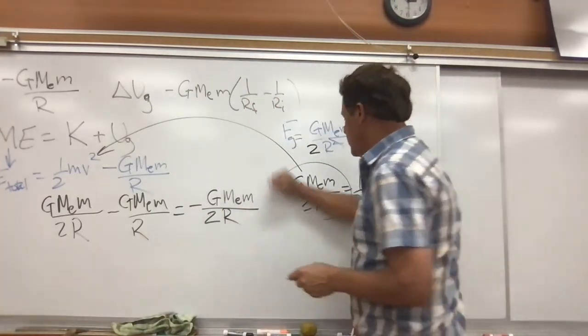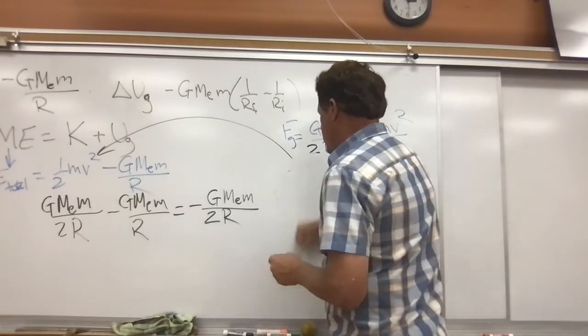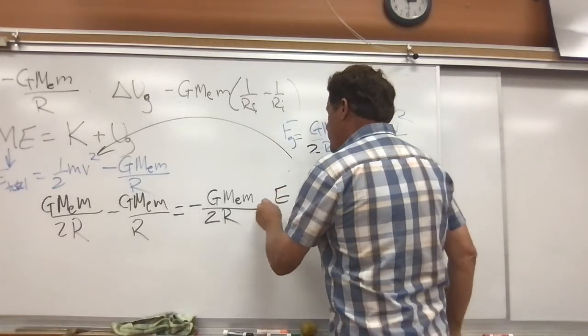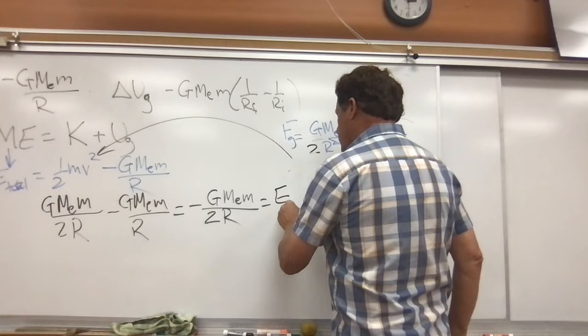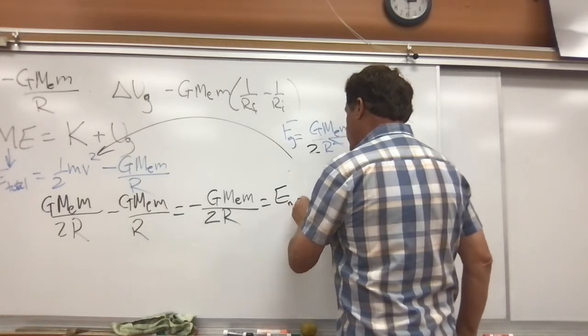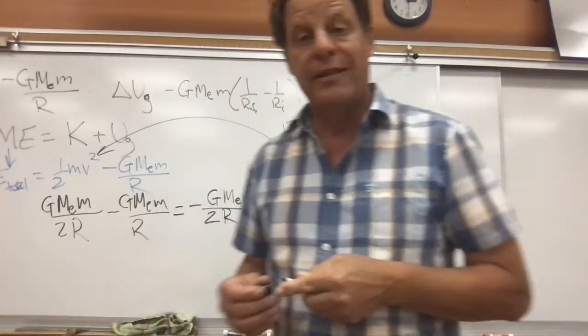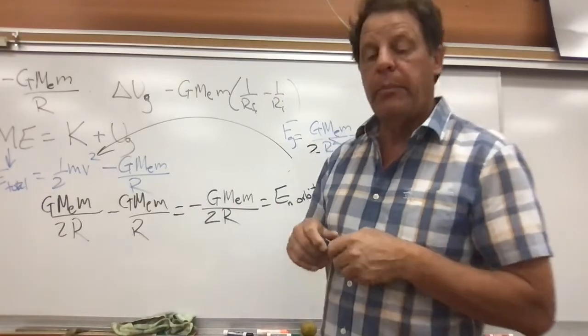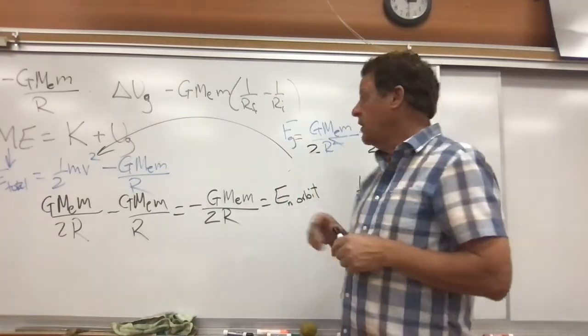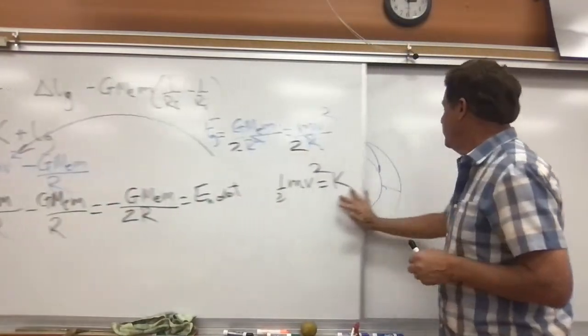Okay, so this right here is the energy of an object of a mass in orbit. Now remember, it's in orbit because it keeps falling, right?